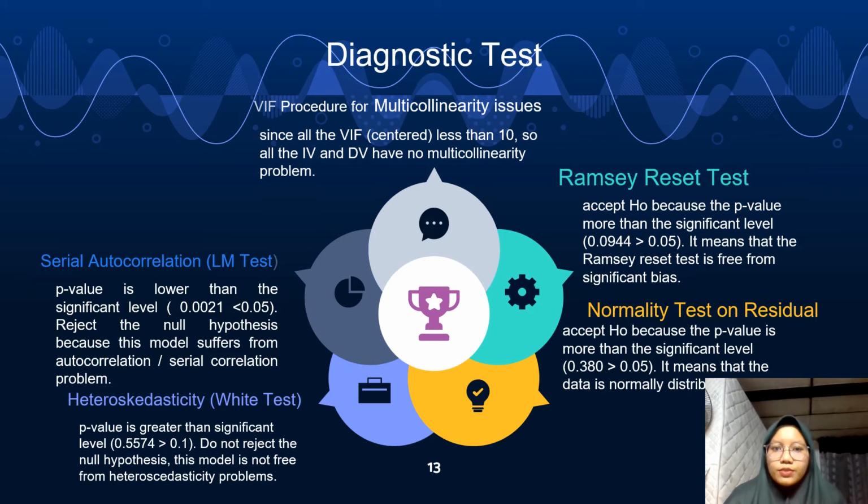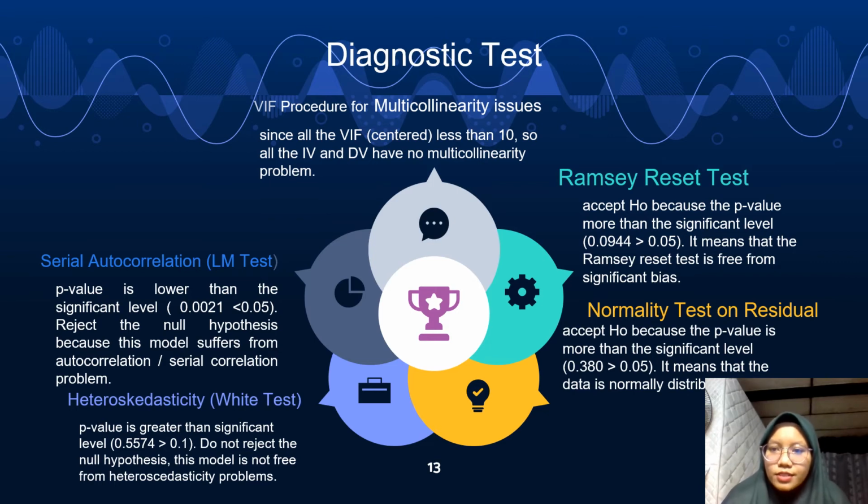For the first test, the VIF procedure for multicollinearity issues, we found that all the IV and DV have no multicollinearity problem because all of the centered VIF is less than 10.